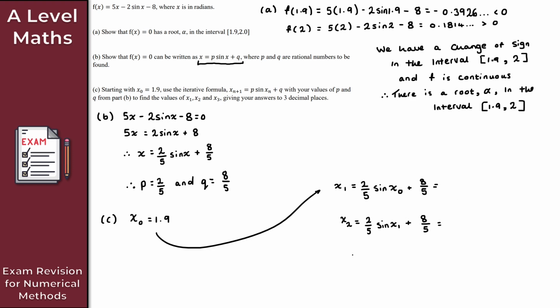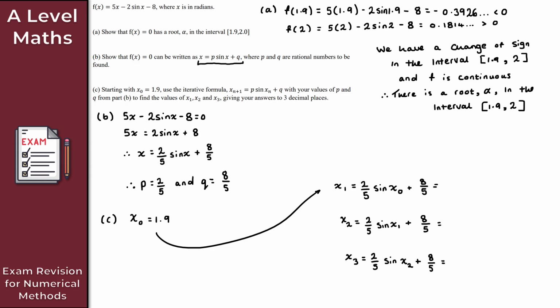And then finally for x3, same idea again here. We're going to get 2 over 5 sine of x2 plus 8 over 5. Now there's two ways to go about this really. You can just do it by hand, which is absolutely fine, but it is a little bit slow and a little bit tedious. The other way then is just use a calculator.